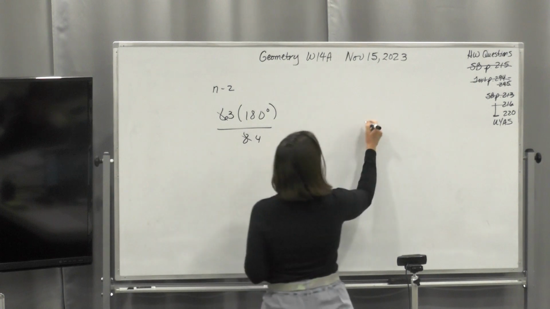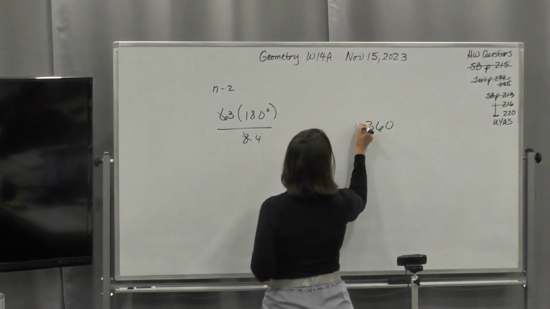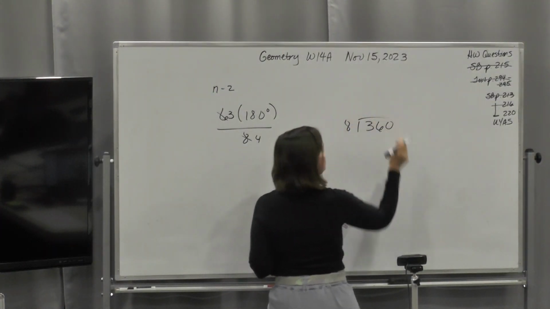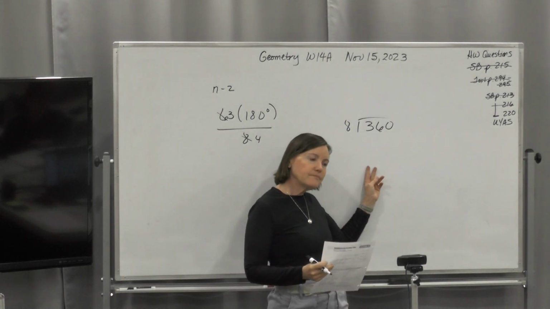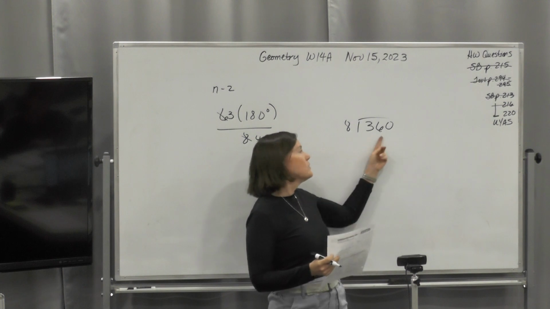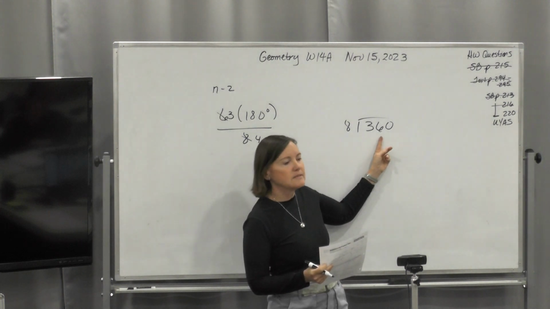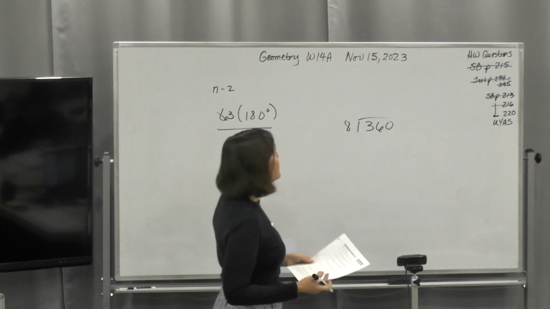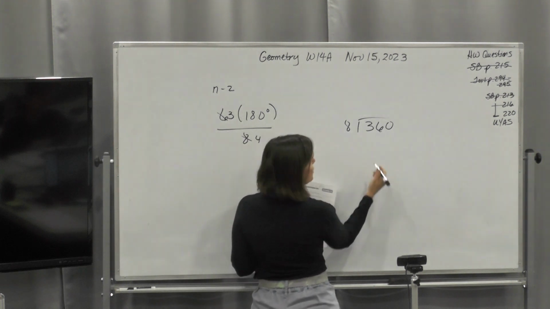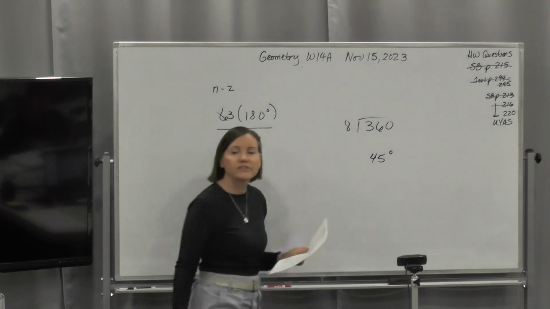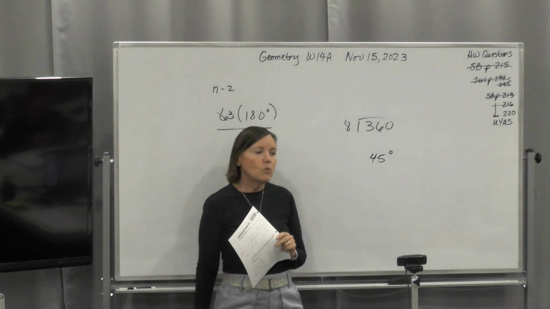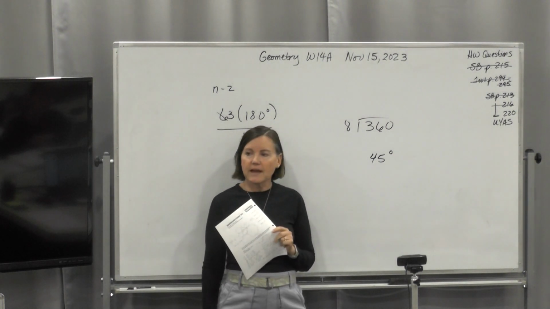So if I divide 360 by 8, well, 8 goes into 36 how many times? 45. So if each exterior angle is 45 degrees, what do the interior angles have to be?